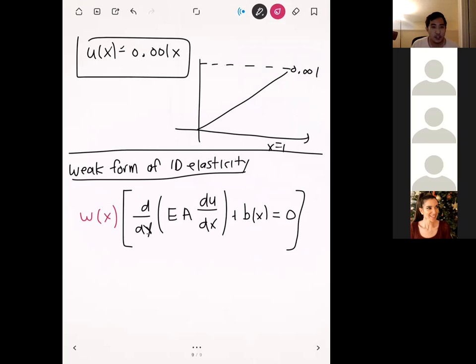This w of x here is just an arbitrary function, and arbitrary means it can be anything. So we're going to take a function that we don't know anything about, and multiply it by our entire equation.